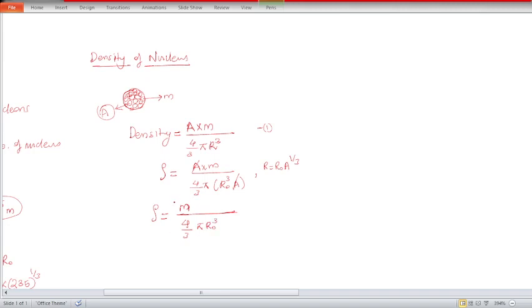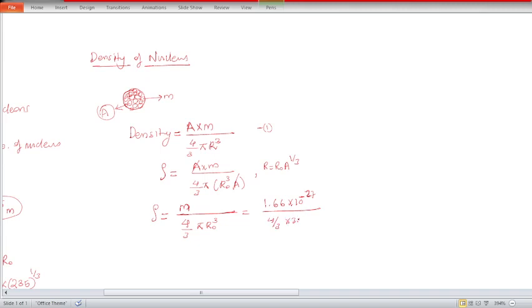Now you can see this mass m is constant, that is the mass of neutron or proton, and this 4 by 3 pi r0 cube is also constant. So all these terms are constants. The mass of neutron or proton is 1.66 into 10 raised to minus 27, divided by 4 by 3 pi r0 cube.